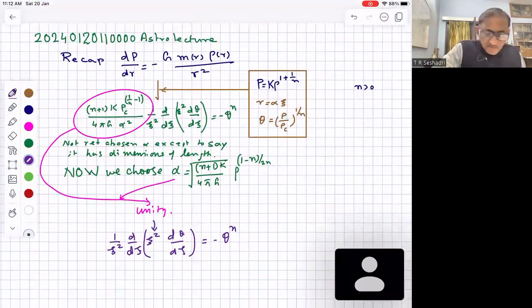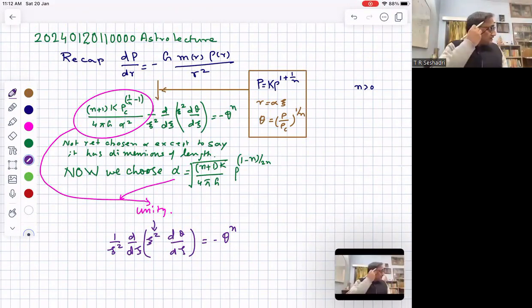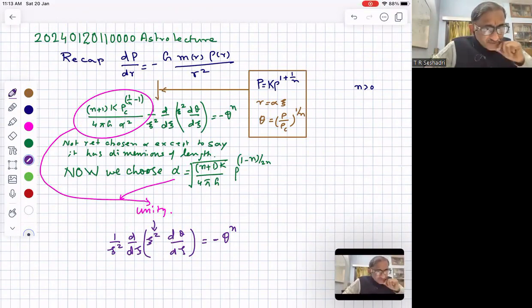Yes. Okay, so I had done this in detail, but this is just brute force substitution and reducing it. Then we need a boundary condition.